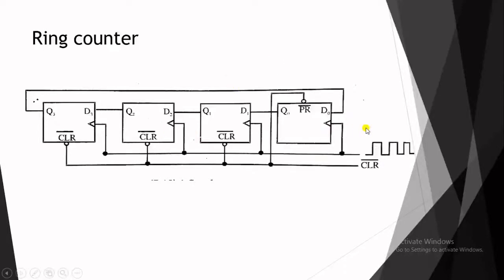When the first clock pulse is applied, at the positive edge transition of the first clock pulse, Q3 output is shifted to Q0 and the other outputs shift left by 1 position. So here Q0, Q1, Q2, Q3 is equal to 0 0 1 0.